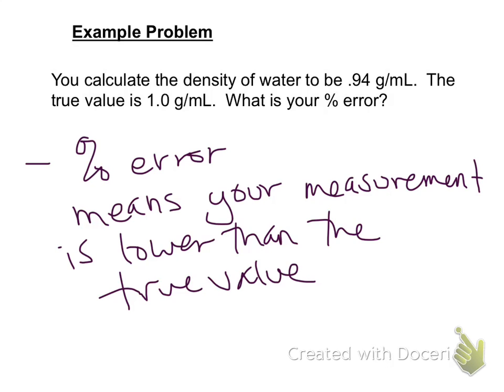So however you calculated or measured, you were under. A positive percent error would just mean you were over. So it's not worse or better, it just means that you have a little more information about how you were off.